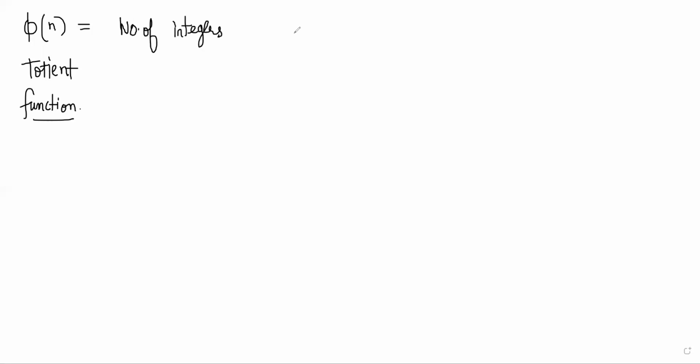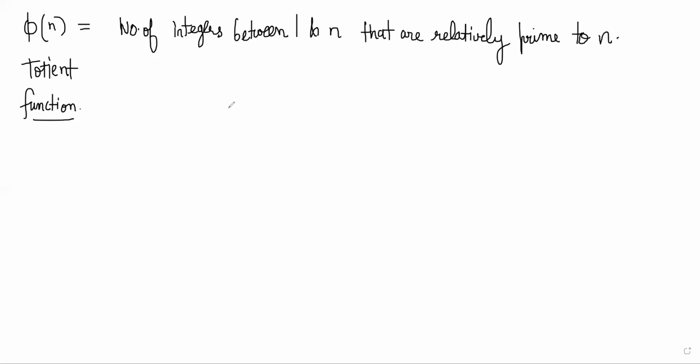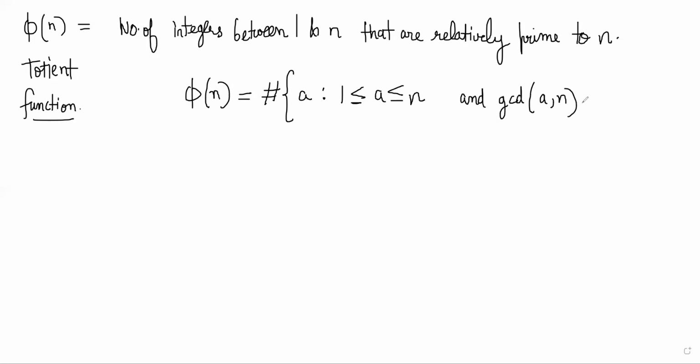Let's introduce the phi function. Phi function is called the totient function, and the definition of that function is the number of integers between 1 and N that are relatively prime to N. So phi of N is equal to the number of integers A such that 1 is less than or equal to A is less than or equal to N, and GCD of A and N is equal to 1.